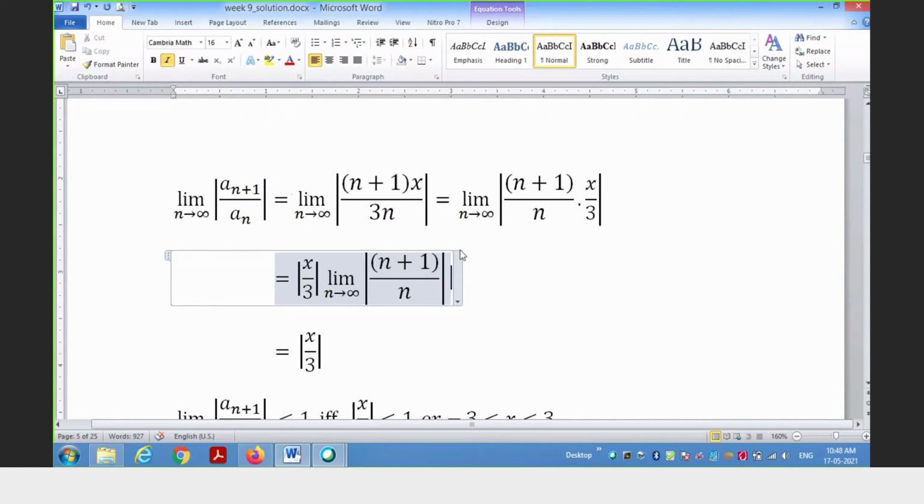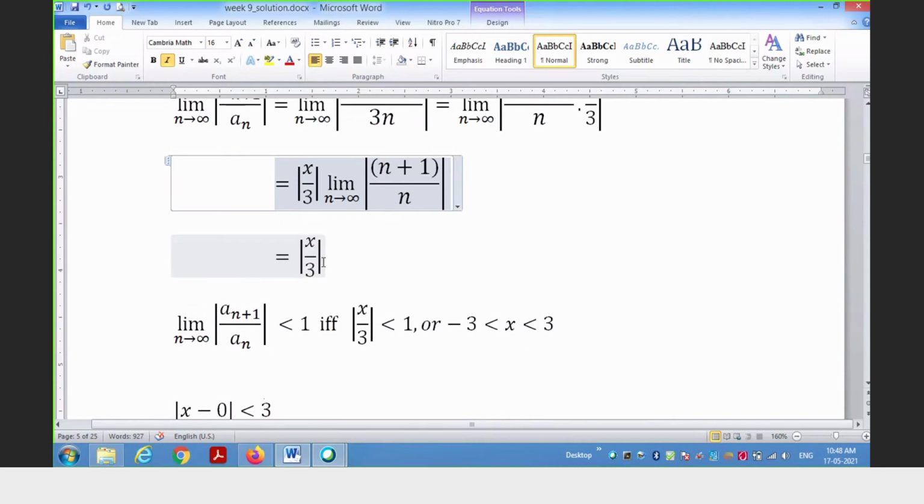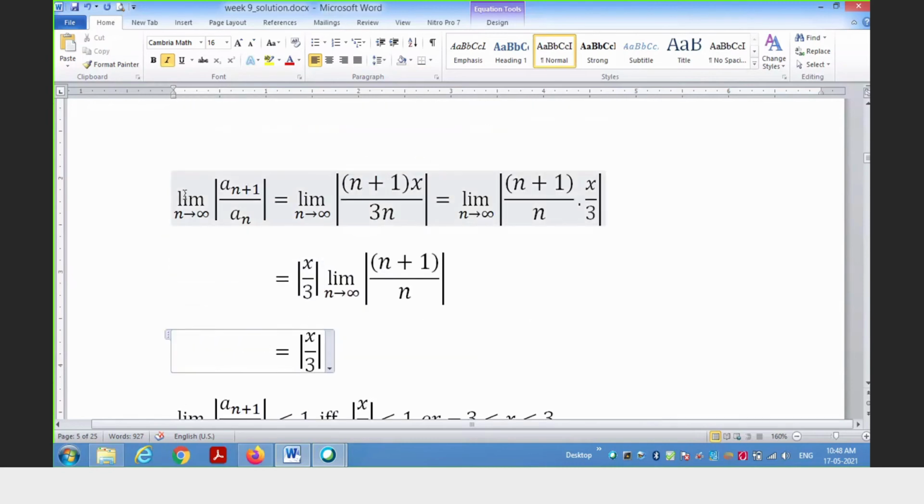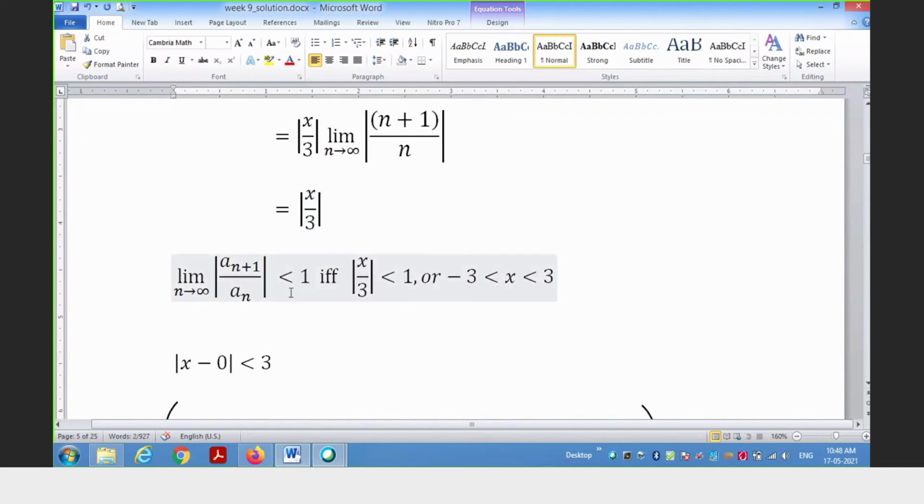So L'Hopital's rule. So we know that this x over 3 limit must be less than 1 for this series to be convergent. It must be less than 1. Okay, so this limit must be less than 1, but this limit is equal to the absolute value of x over 3, which must be less than 1.